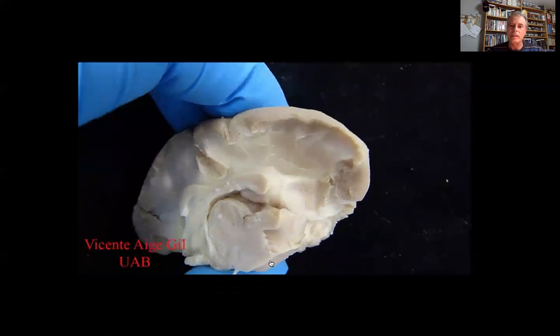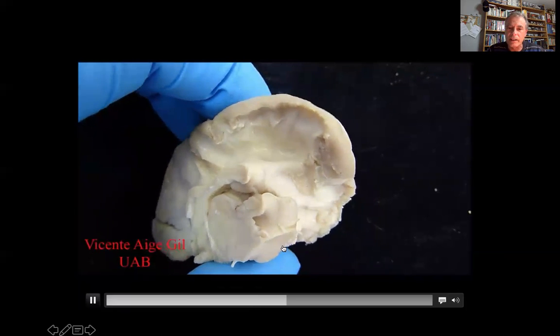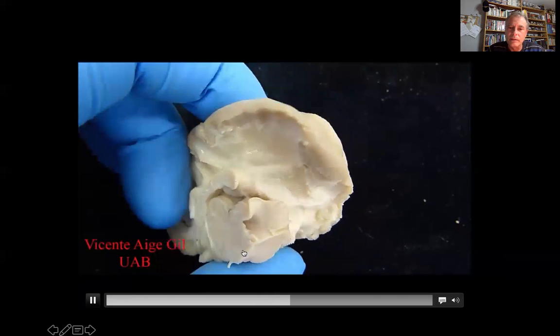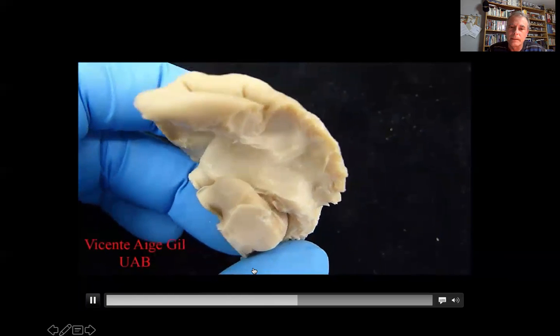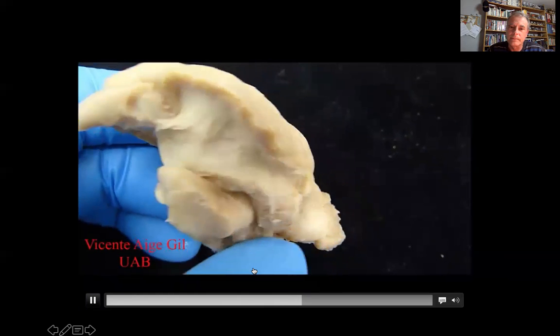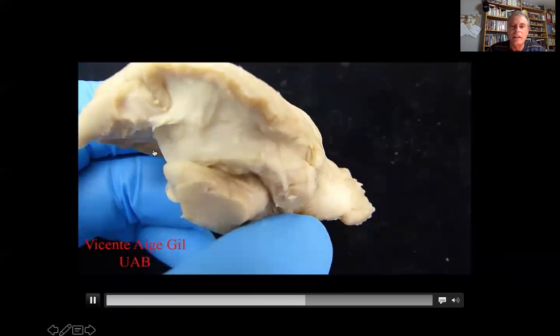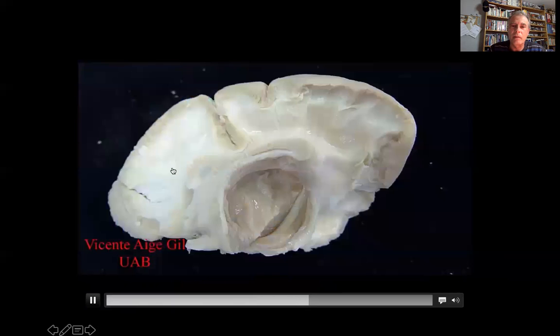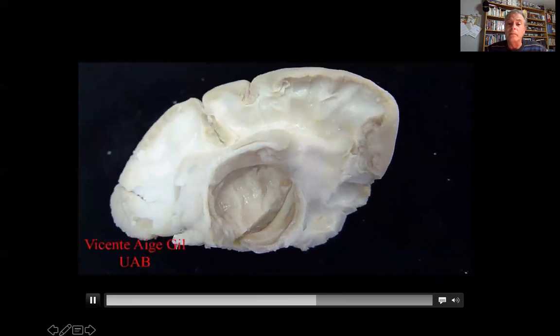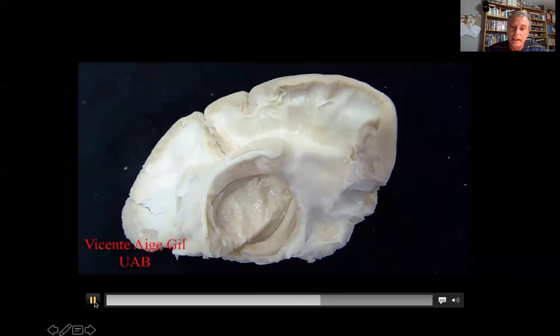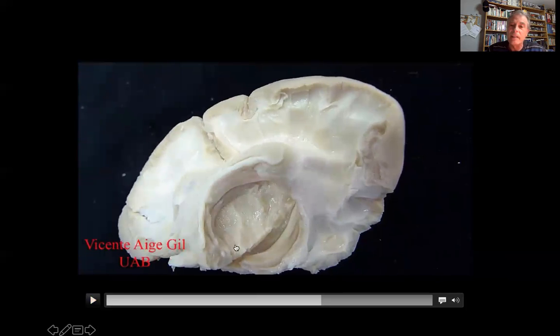Now the brainstem has been cut transversally at the level of the mesencephalon and pons. Okay. As you see, the parahippocampal gyrus was continuous with the piriform lobe. Now the thalamus has been removed.